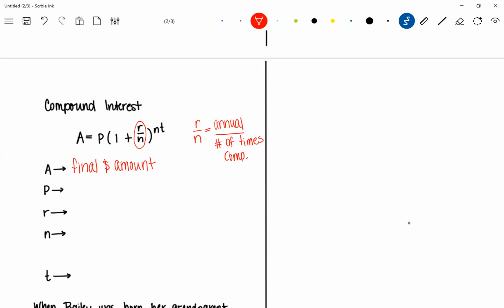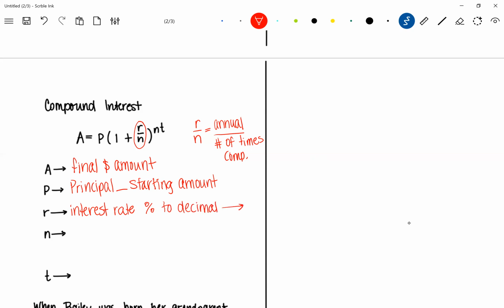The P stands for the principal, which is the starting amount. The R is the interest rate. And remember, with the interest rate, it's going to be a percent that you have to change to a decimal.